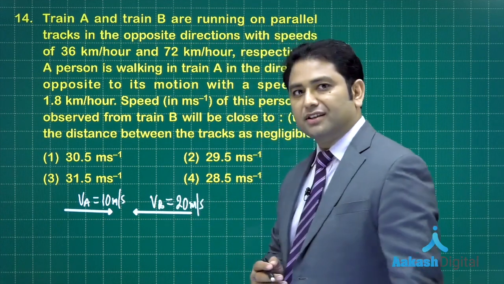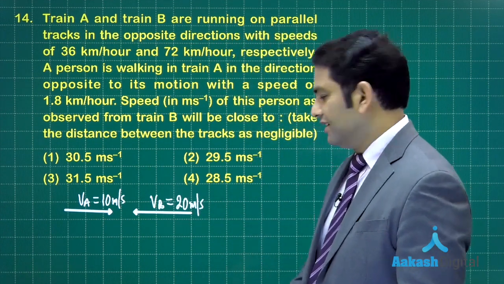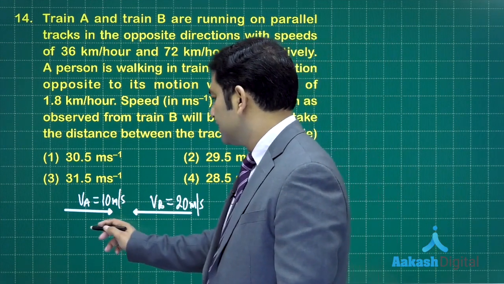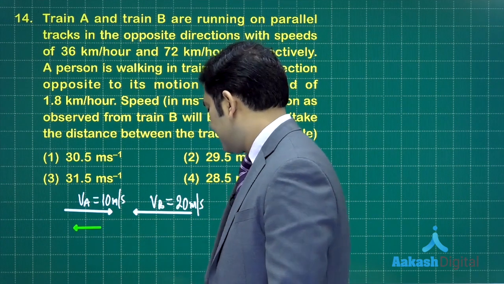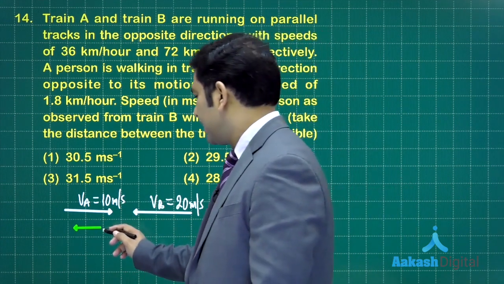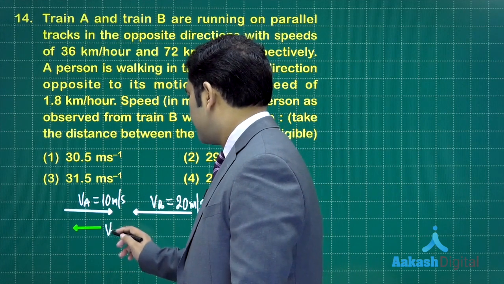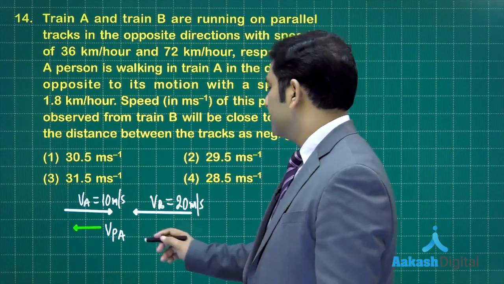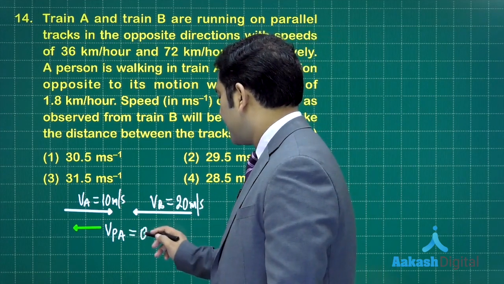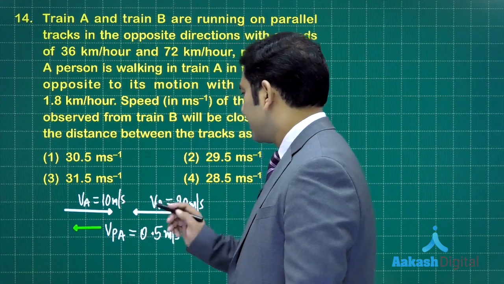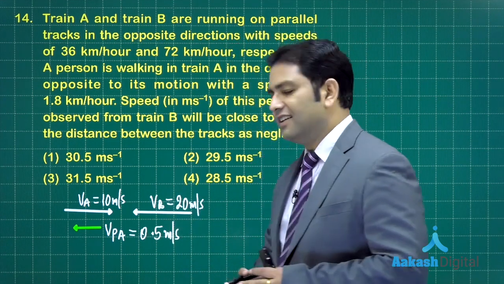Now as per the question, inside train A a person walks in the opposite direction. So it's something like this. And how do we represent the velocity? We would say the velocity of person with respect to A, and that value is of course 0.5 meter per second. Right? So we got all the data.